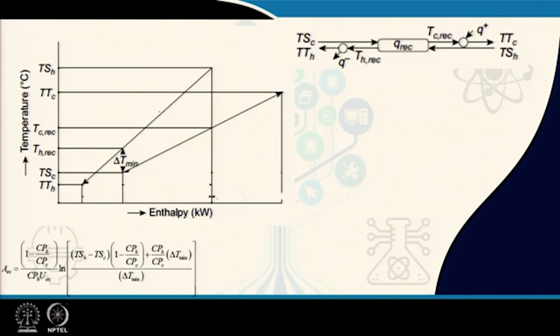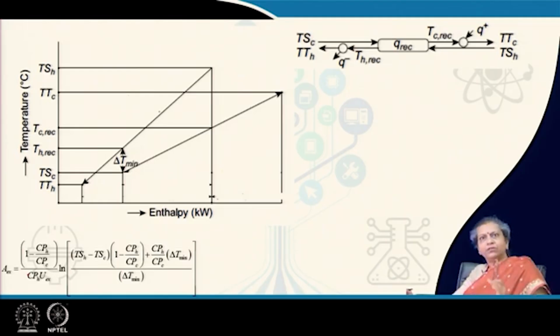What we do is that for any particular heat exchange, there has to be a minimum temperature difference between the hot and the cold streams, such that we can arrive at a heat exchanger with a reasonable area. If the delta T min is extremely low, then we have to go for a very large heat exchanger, that is not going to be economic, right.